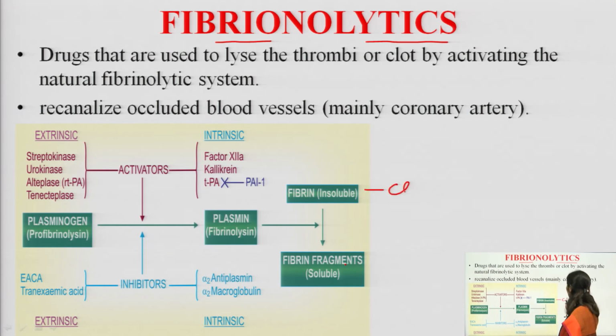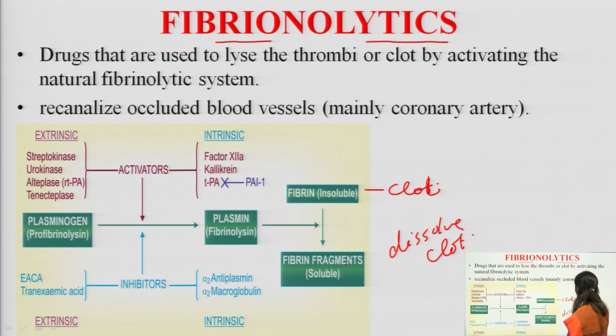Fibrin is a clot and thus they dissolve the clot. How do they dissolve the clot? Because fibrinolytic drugs convert fibrin into fibrin fragments, and these fibrin fragments are fibrin degraded products. This is brought about by plasmin, and this plasmin gets activated by its precursor plasminogen.